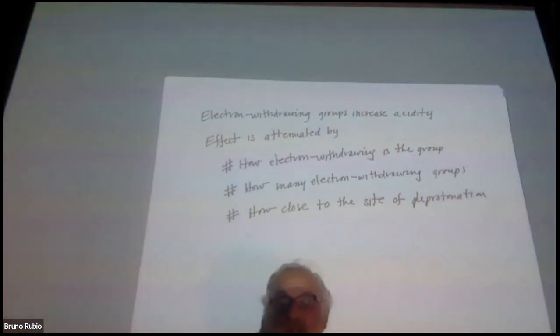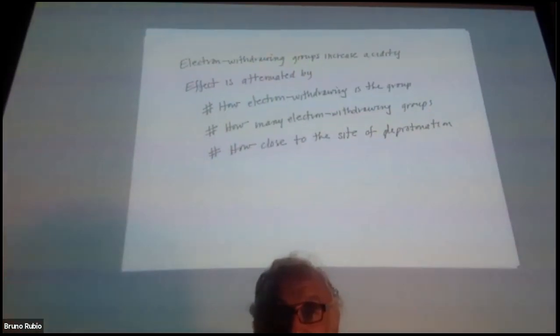Well, these attenuating effects are nothing new. We've seen the same effect when we were talking about the NMR chemical shift, right? The chemical shift of the proton is affected by electron withdrawing groups.